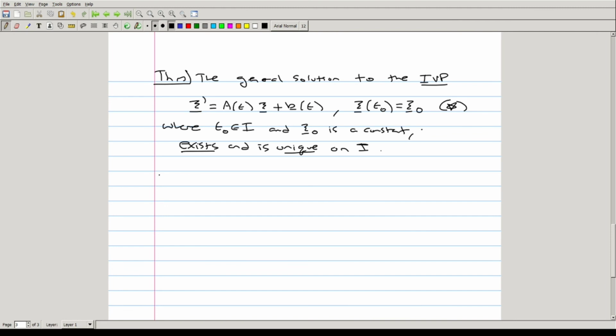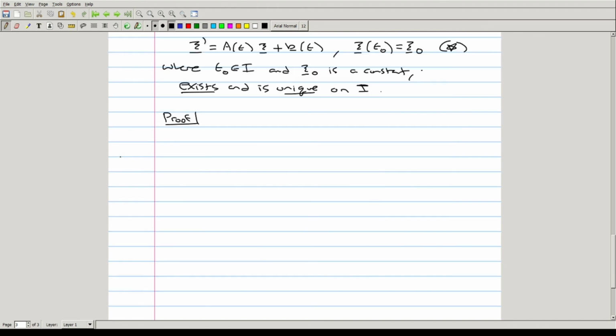And the proof of this actually comes from the previous theorem that we talked about, which is the theorem on the existence and uniqueness of solutions for the general nonlinear system of first order differential equations, and it's entirely due to the continuity assumptions placed on A of t and b of t.